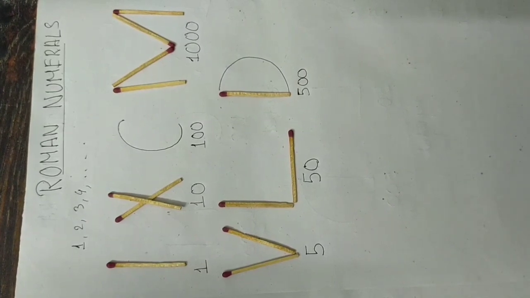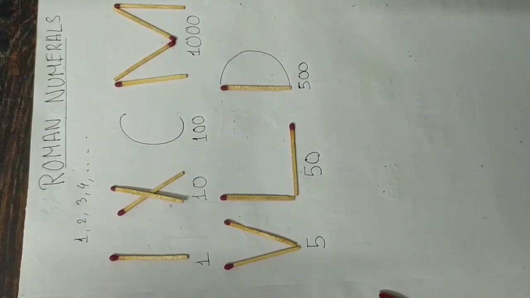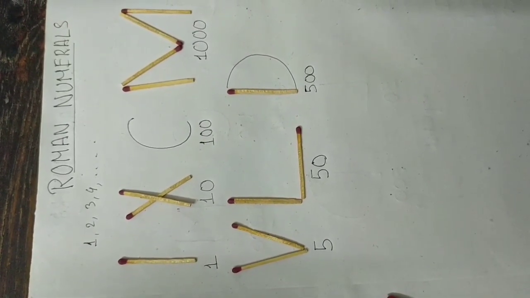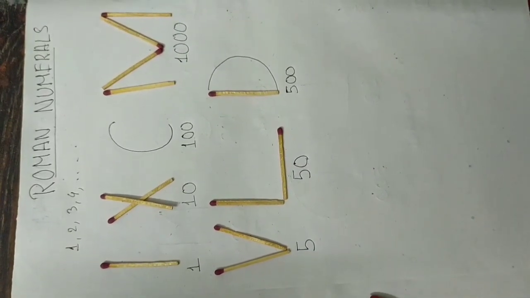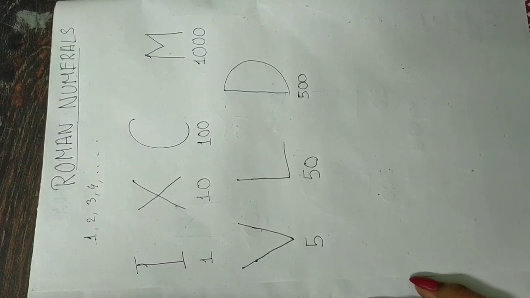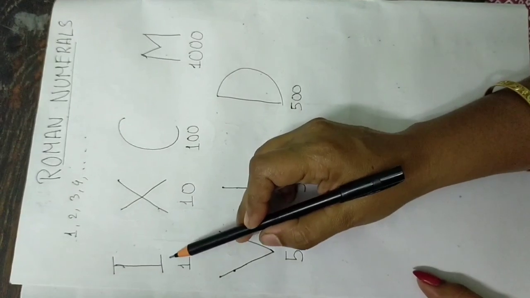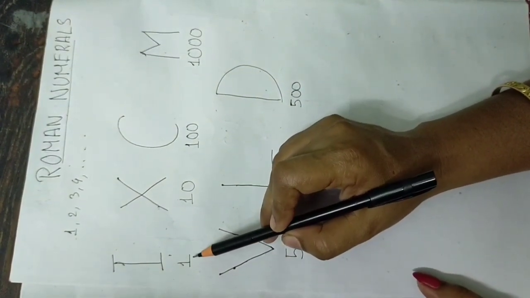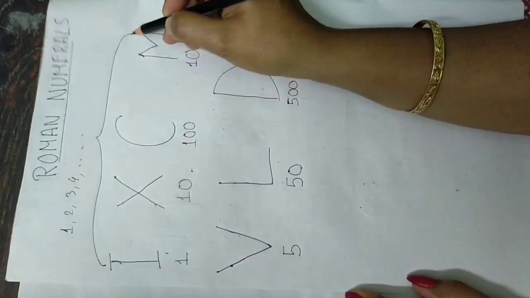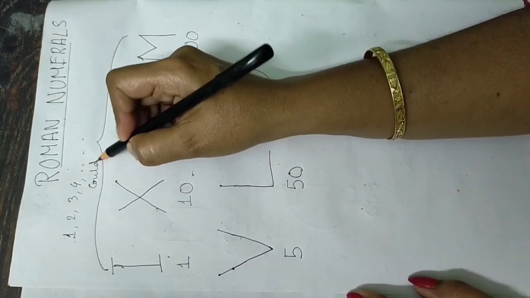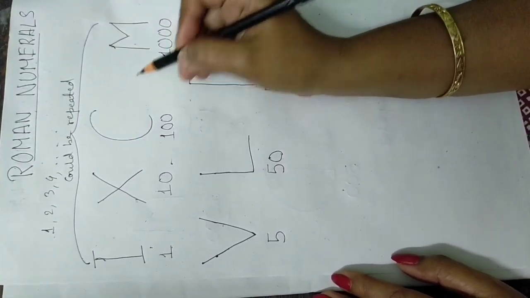They used to follow certain rules to write the other Roman numbers. Let us learn about those rules and how to write the other Roman numbers. The symbols which symbolized numbers with 1 and 0 could be repeated to a maximum of 3 times.